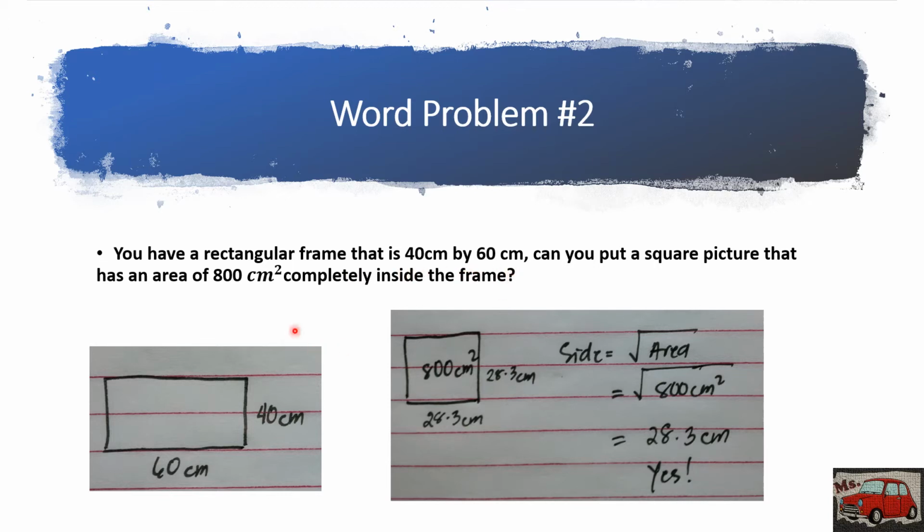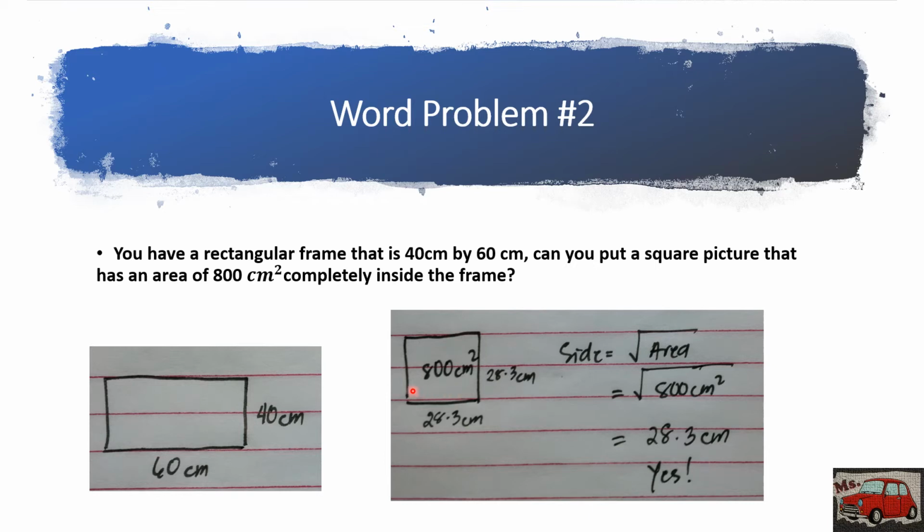Okay? So, let's have this one. So, ito daw yung rectangular frame ko. Ang sukat niya is 40 cm by 60 cm. Okay? So, this is my square picture na merong area na 800 square centimeter.